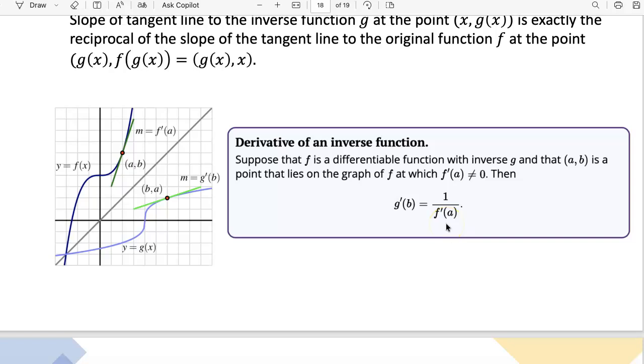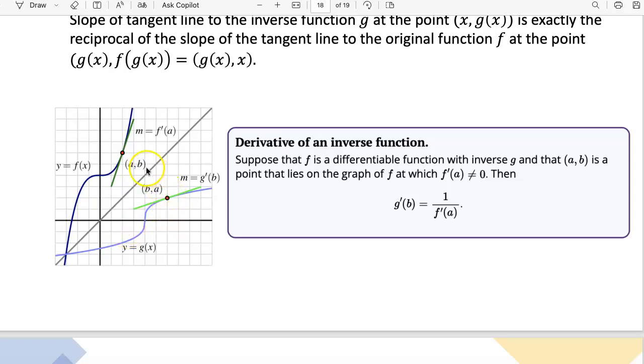Now, you got to remember, these are the slopes. So the slope of the inverse functions are reciprocal to each other, right? So g prime is always 1 over f prime at the points that map onto each other.